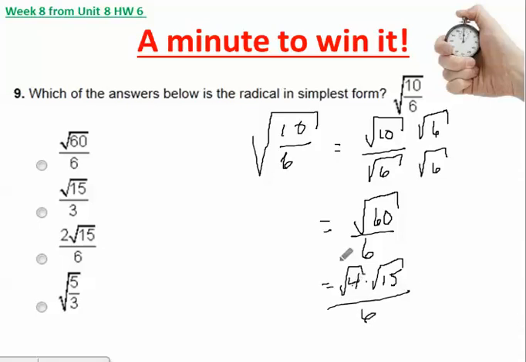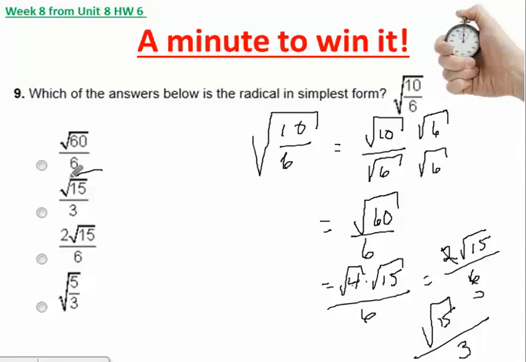Well, square root of 4 is a 2. So I'm going to have a 2 square roots of 15 divided by 6. That goes into that 3 times, and I'll have the square root of 15 over 3. No radical in the denominator, no perfect squares left in the numerator. And the answer is going to be this one right here.